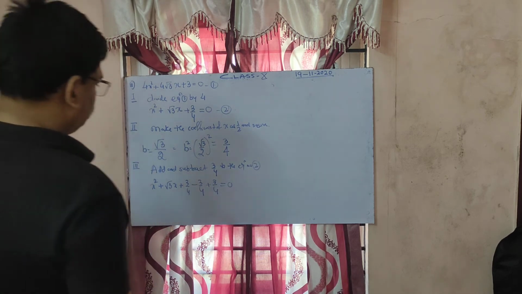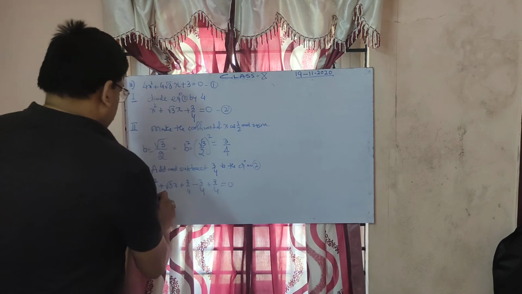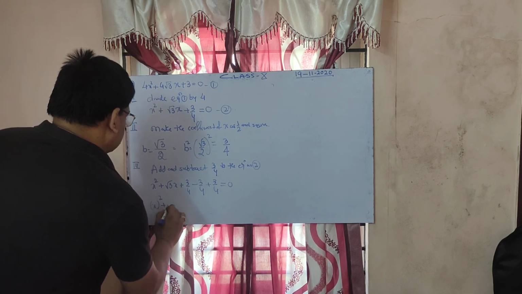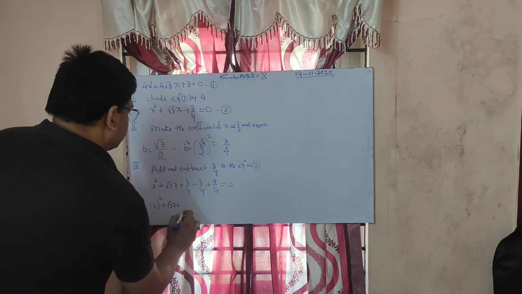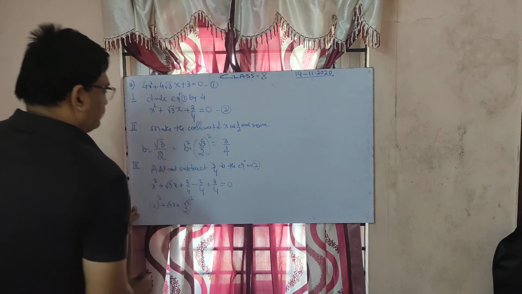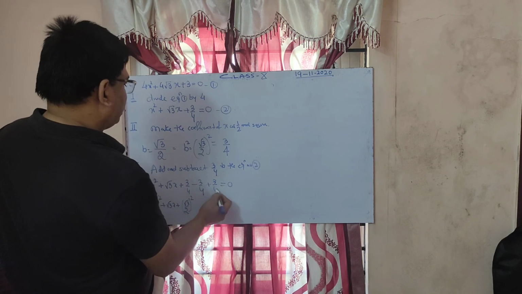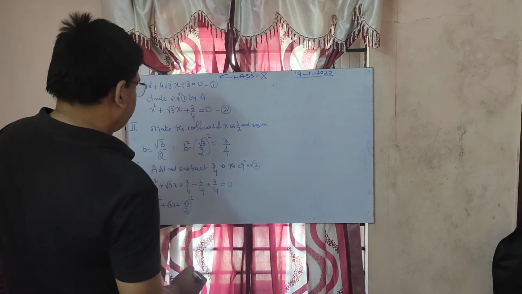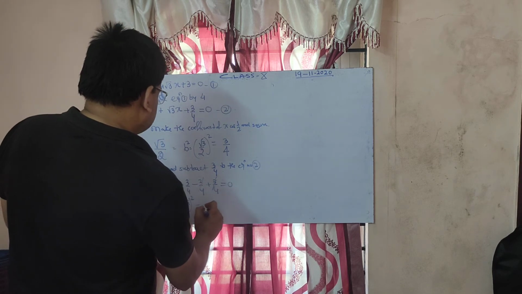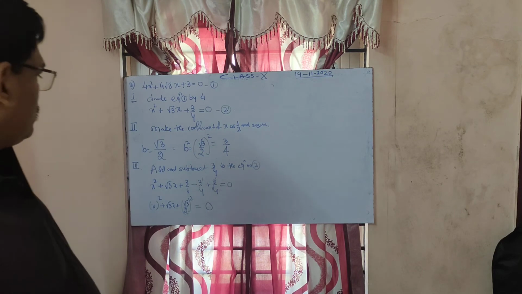So now this could be written as x square plus root 3x plus root 3 by 2 whole square. Now you can see, minus 3 upon 4 plus 3 upon 4, what happens? It cancels, means it is equal to 0 only.